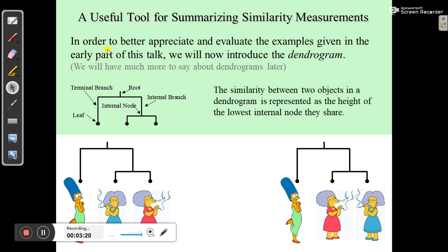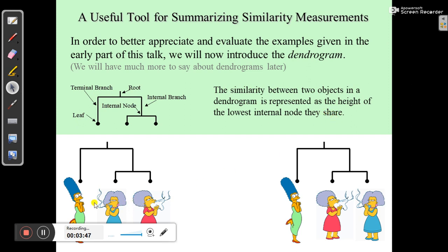In order to better appreciate and evaluate the examples given in every part of this talk, we will now introduce the dendrogram. Terminal branch, root, internal node, internal branch, leaf node. The similarity between two objects in a dendrogram is represented as the height of the lowest internal node they share.